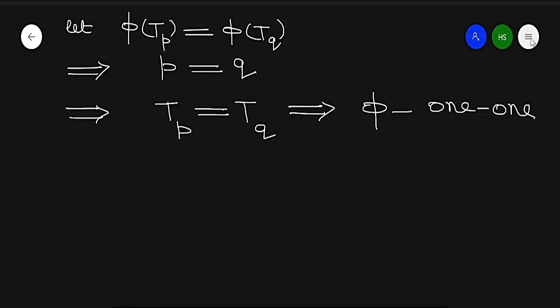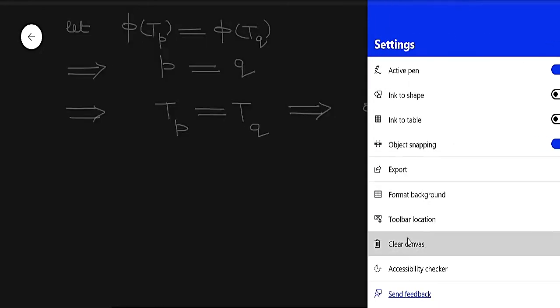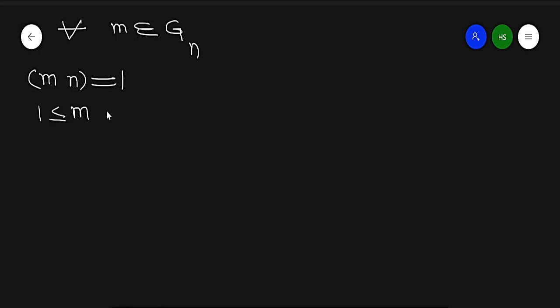After that, to prove it is onto, for every M belonging to U(n), by the definition, GCD of M and n is equal to 1, that is the first condition. The second is 1 less than or equal to M less than n. So both conditions are satisfied.